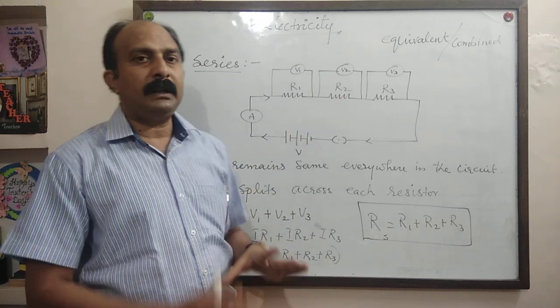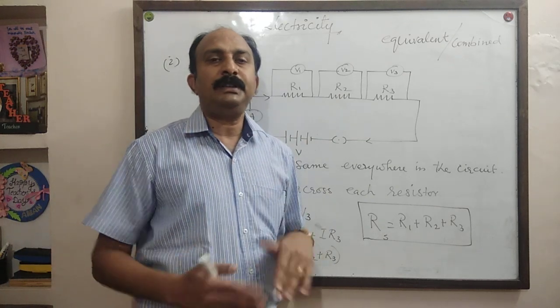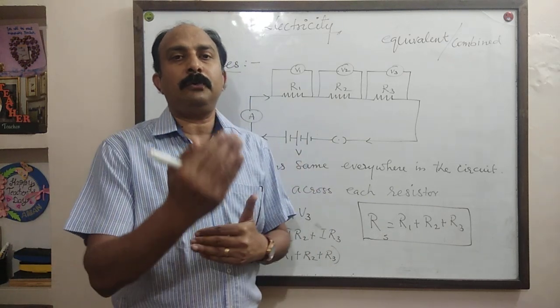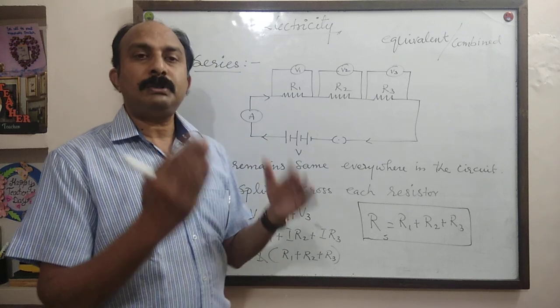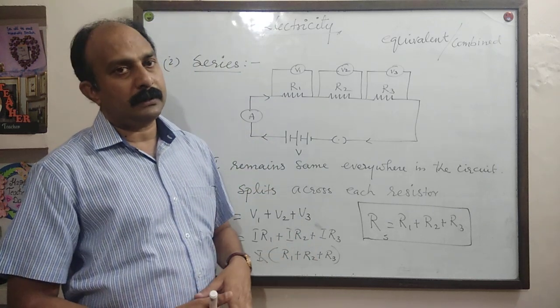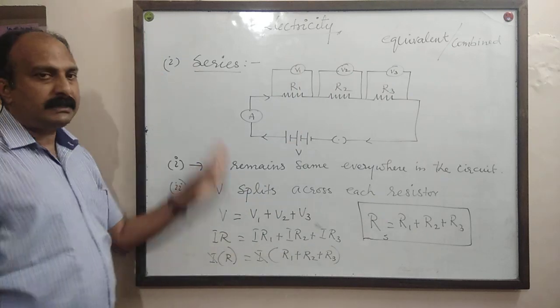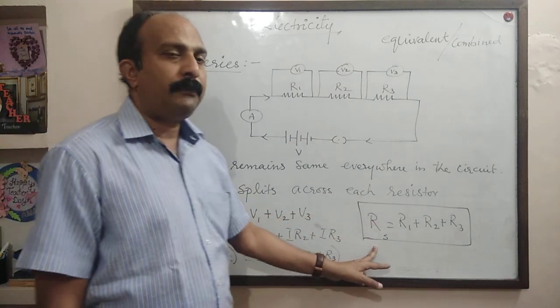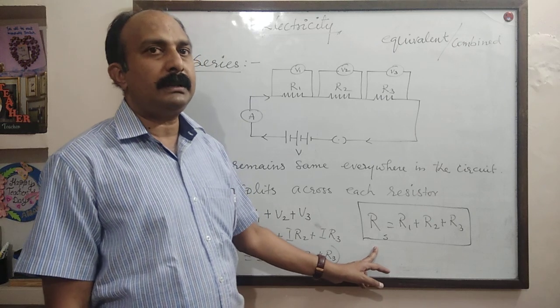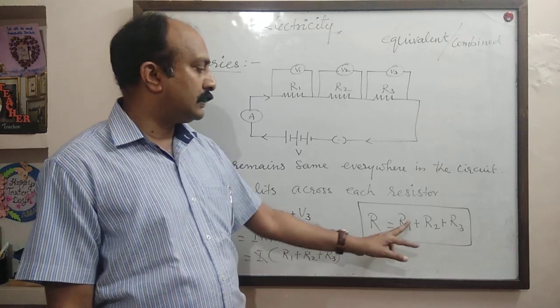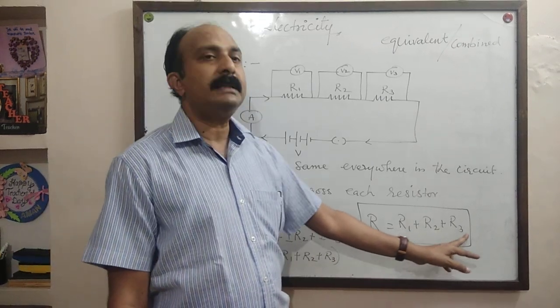So different components will not get the sufficient or required amount of I for working, so the components may not work. So remember these points. When resistors are connected in series, the formula for combined resistance or equivalent resistance is RS is equal to R1 plus R2 plus R3.